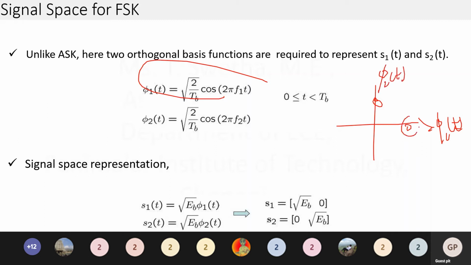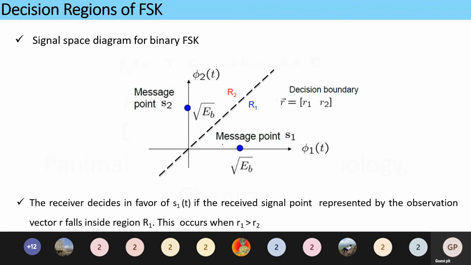Logic 1 will be placed in phi 1 of t, with energy into cos, and logic 0 has to be placed in phi 2 of t. This is the simple constellation diagram, with the distance d between them. As you can see, this is the boundary region which separates logic 1 and logic 0.